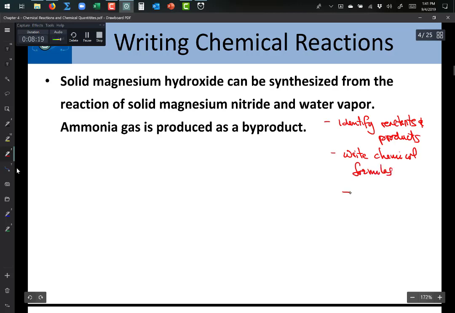And the third thing we're going to do is we're going to balance it. I haven't talked about that yet. We have a lot of slides on balancing. But balancing is where we get those numbers that were the stoichiometric coefficients in the chemical reaction, where we know the ratios of things that are used and produced. So we're going to work on balancing reactions as well. This will give us the coefficients.